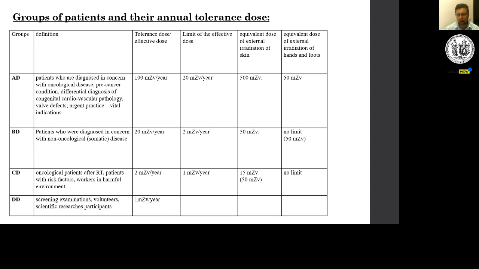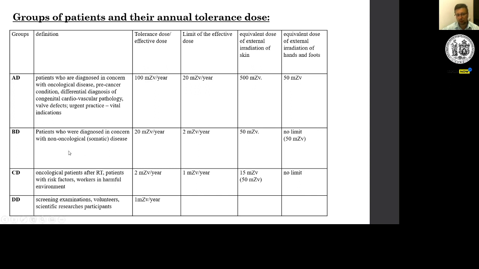It means that we should not exceed this dose if we perform diagnostic tests, which means that we will use ionizing radiation during the diagnostic process. This dose we must take into account when we get an oncological patient in whom we plan to apply radiation treatment, so we must take into account the dose already received by this patient.